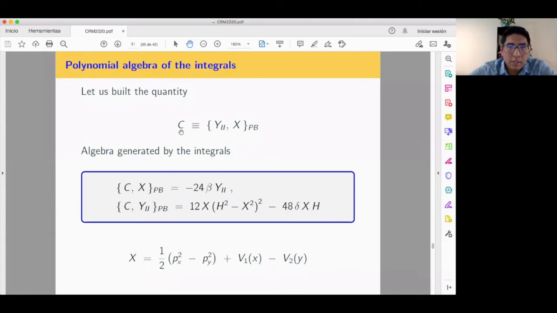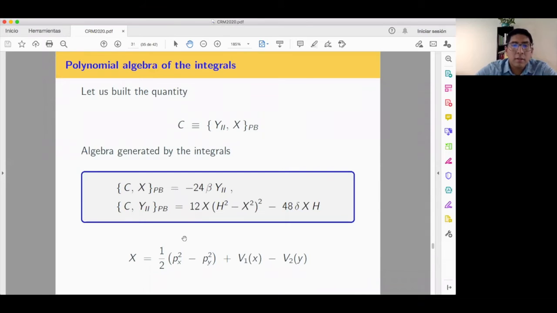Using this capital C, X, and Y, one easily obtains the following algebra. The Poisson bracket of C with X is proportional to the fifth order integral, and the Poisson bracket between C and Y2 is nothing but a polynomial expression in X and in H.